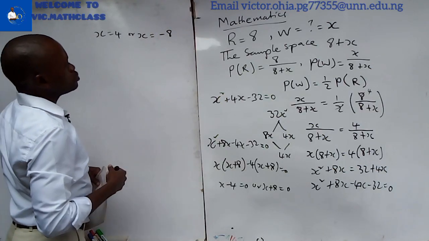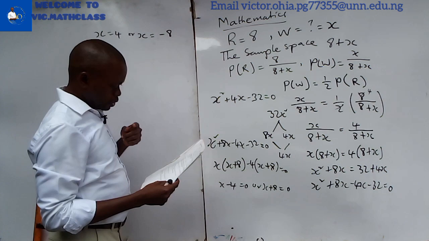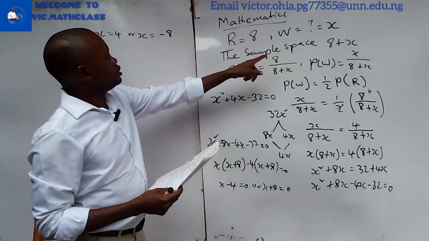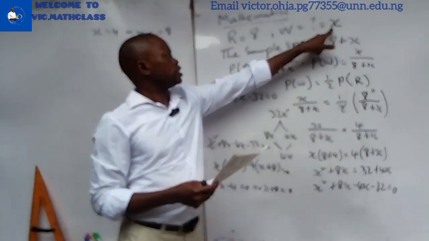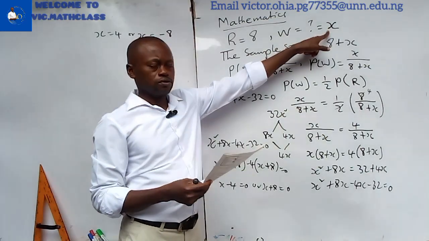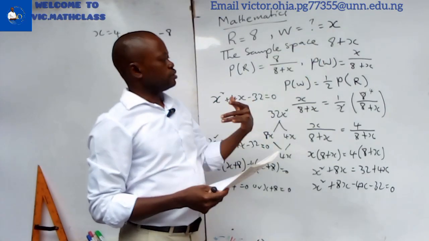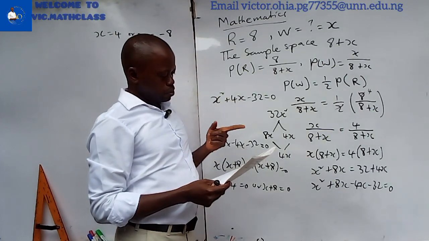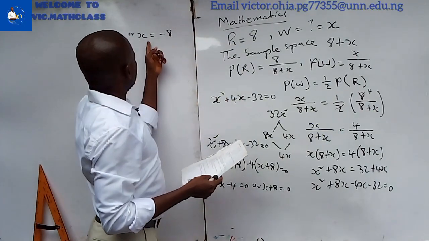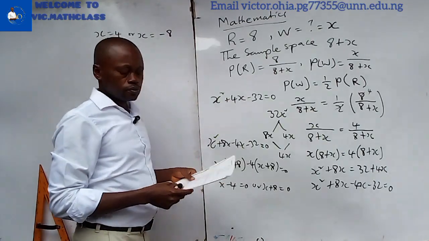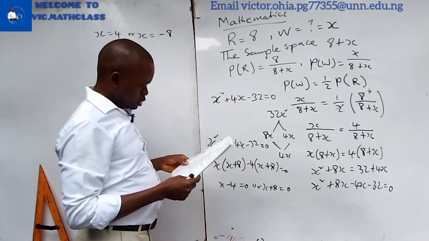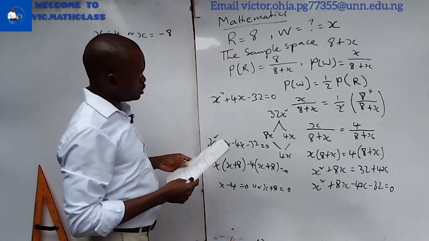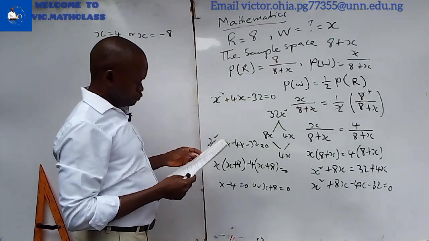But because what we are being requested here is to find the number of white balls in the bag, which we declared to be x, that count cannot be negative. Because of that, we are not going to take the number of white balls to be negative. We take it to be a positive number. So the number of white balls in that bag is 4.